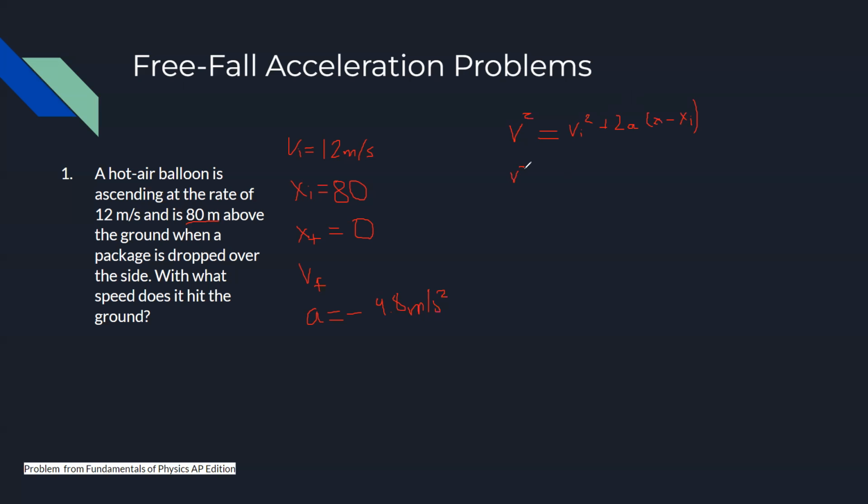So you have v squared and you plug in v initial squared, so 12 squared, plus 2 times negative 9.8 times x minus x initial, which is negative 80.